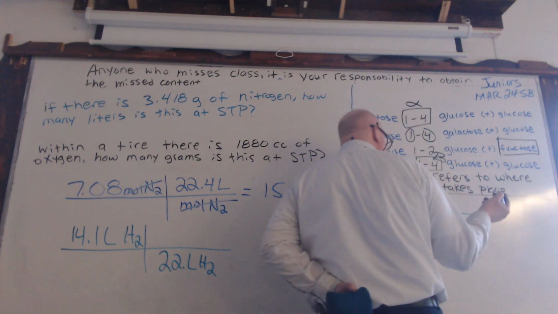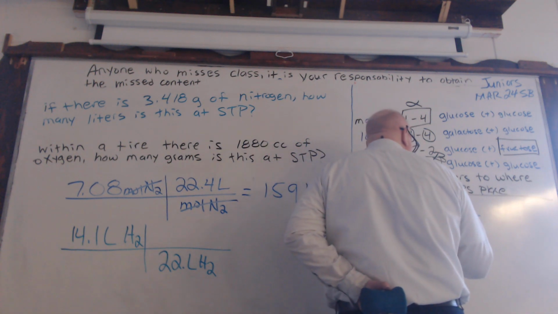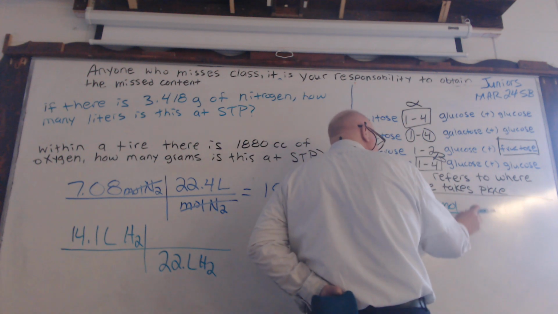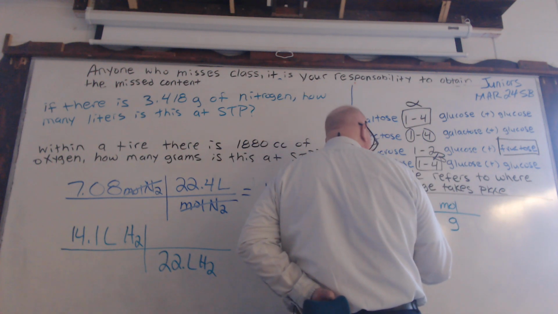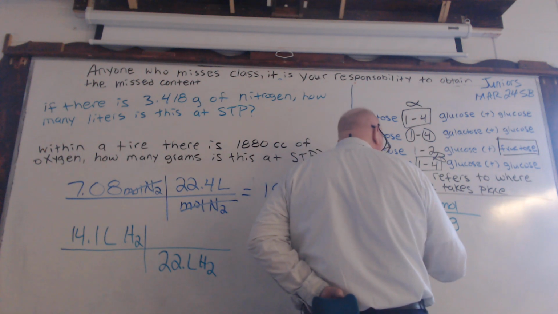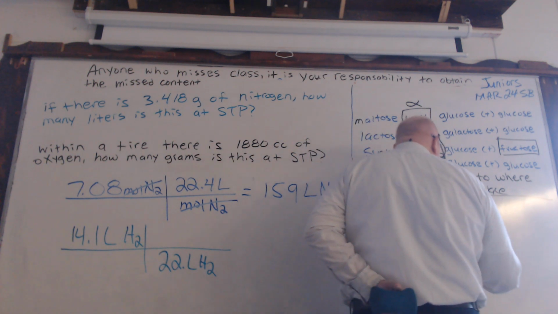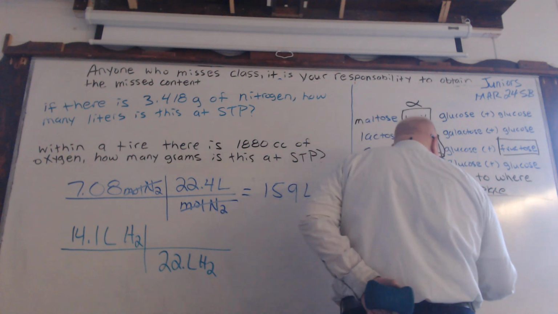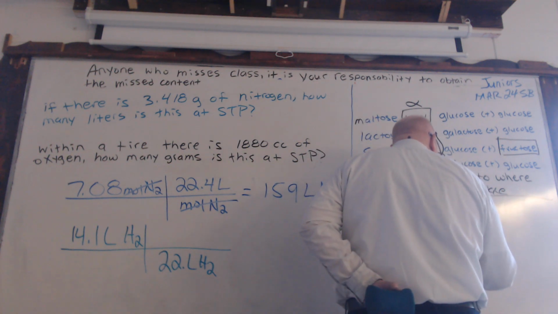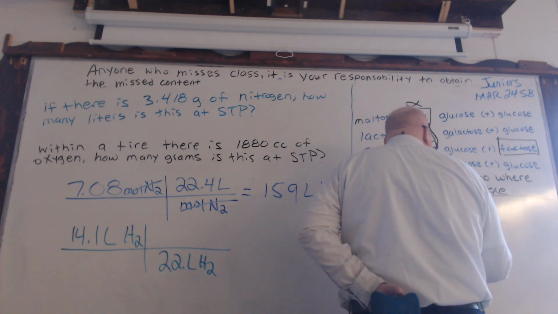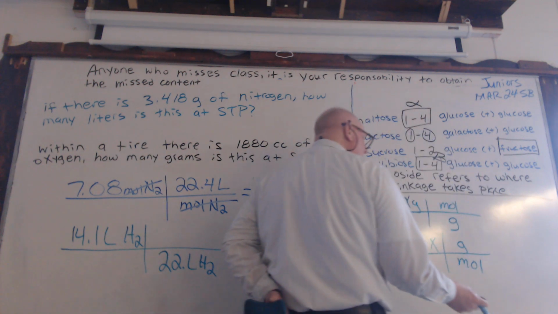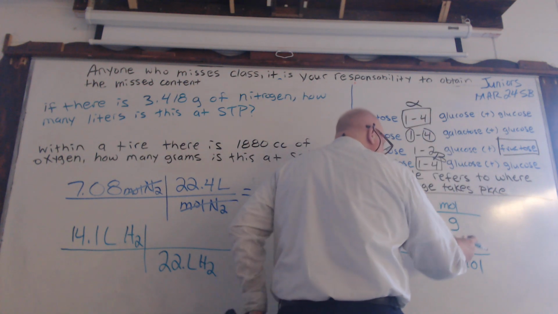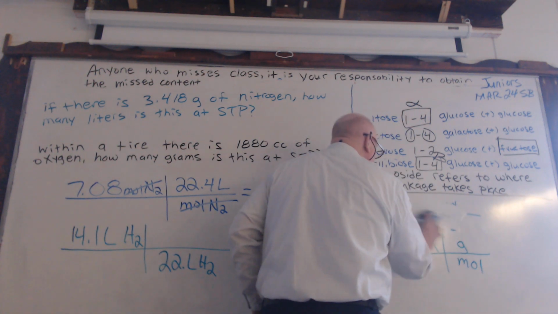Well, then your periodic table says you need to have the grams, moles, hence molar mass. Or if you're starting with a certain number of moles of X, okay, how many grams is that? Well then your moles goes down here, your grams goes up here, hence a different way of using a molar mass. Sometimes the grams went on the bottom, sometimes the grams go on the top. Okay.